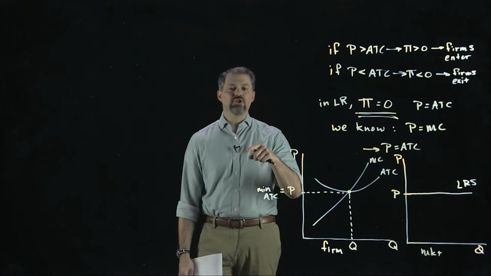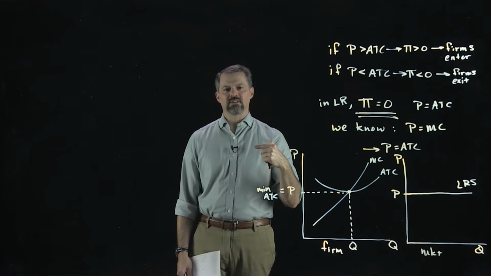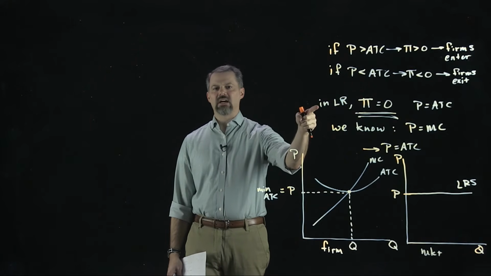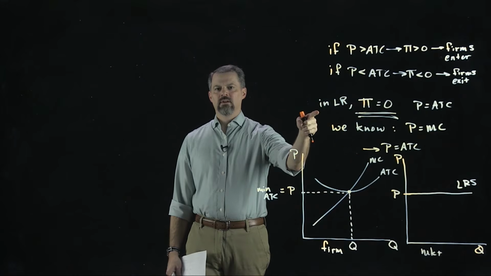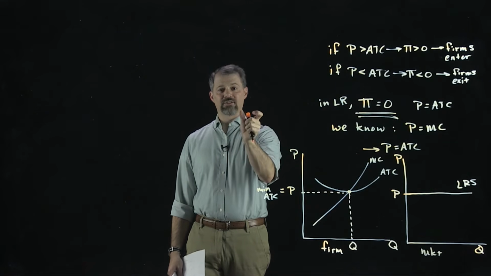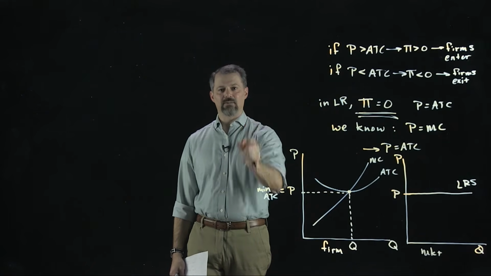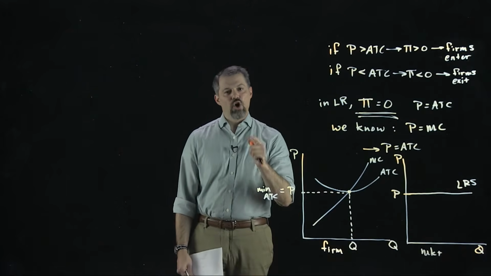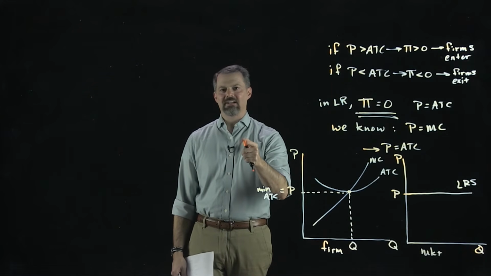I hope that you would remember that I'm an economist, and when I talk about profit, I'm talking about economic profit. We talked about the difference between economic profit and accounting profit, and I hope you would remember that I am not talking about accounting profit.